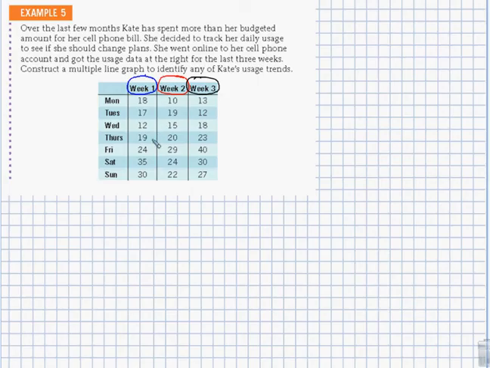My smallest dollar amount is 10. My largest dollar amount is 40. Sorry. So my dollars need to go between 10 and 40, which is actually not too bad.